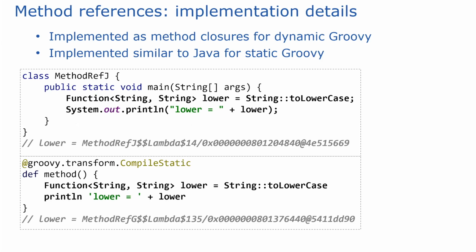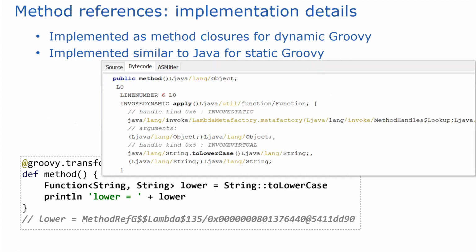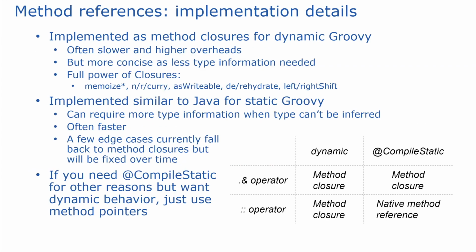So you can either have efficiency or you can have flexibility, and we give you that option. It's using the LambdaMetafactory sort of stuff, which if you're familiar with bytecode, you'll know what that's all about. If you want the fully native one, use compile static and the double colon. If you want method closures, all the other columns will be applicable for you. So that's a nice thing to know about.